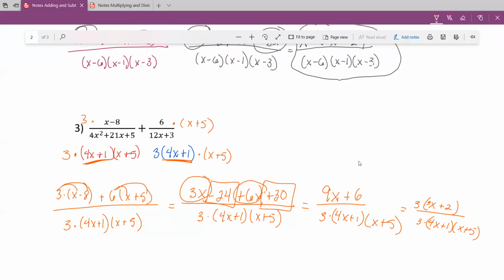Now I have a 3 on the top and the bottom that are both being multiplied by everything else, and I can cancel those out. So final answer, 3x plus 2 over 4x plus 1 times x plus 5.